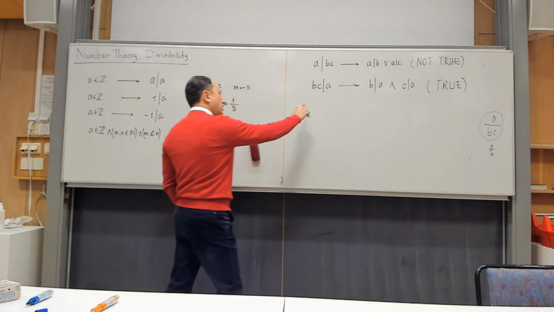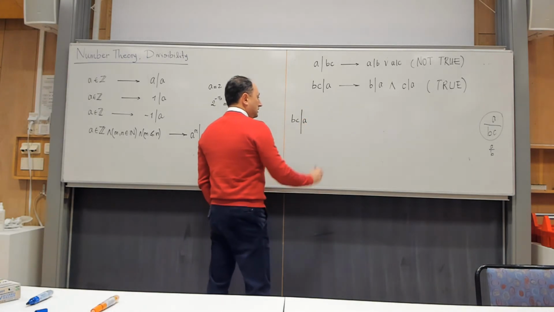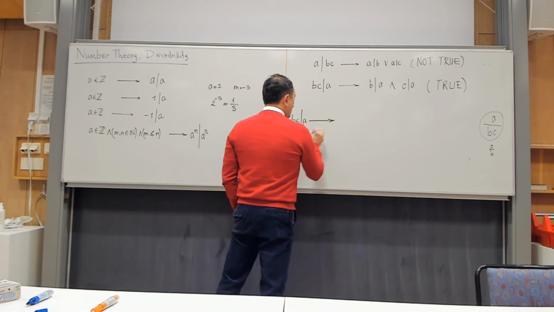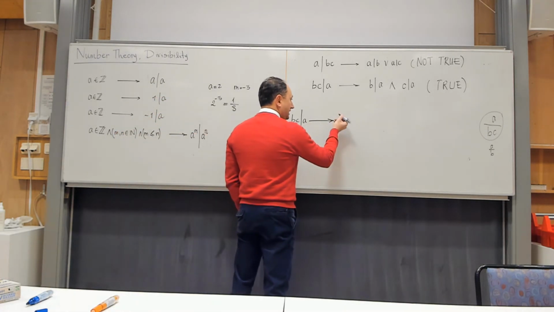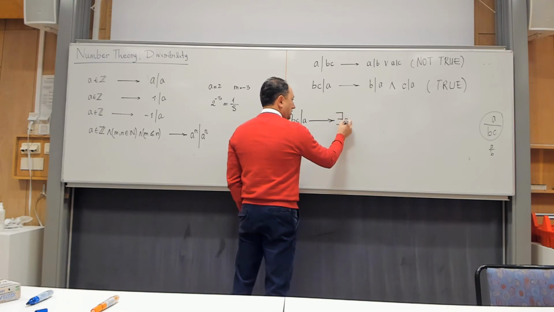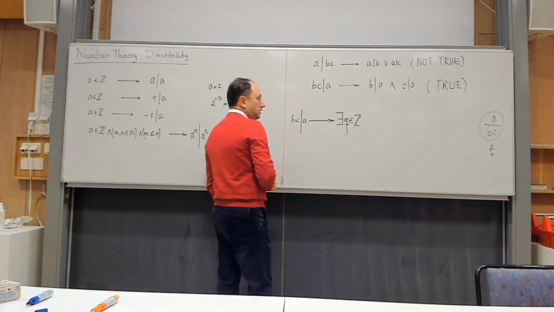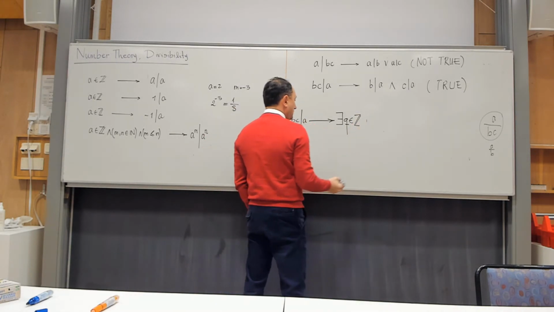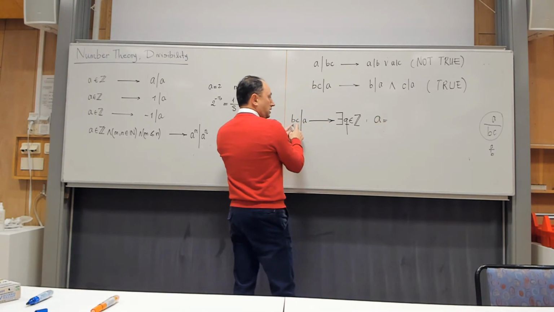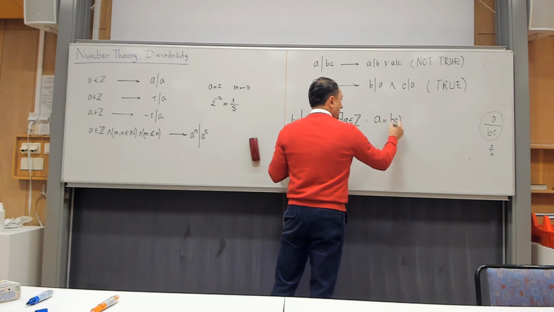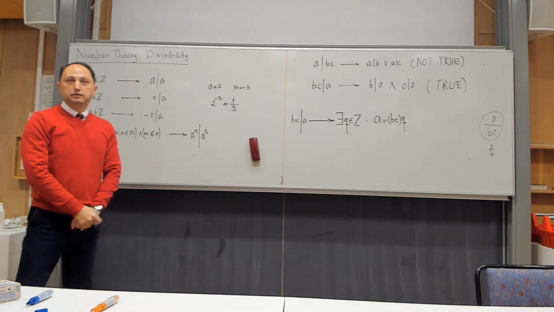You are telling me that BC divides A. Can you translate it into mathematical language? What is the meaning of this statement? This statement means there exists a Q in the set of integers such that the number on the right is equal to the number on the left multiplied by Q. Yes, is that understandable for everyone?